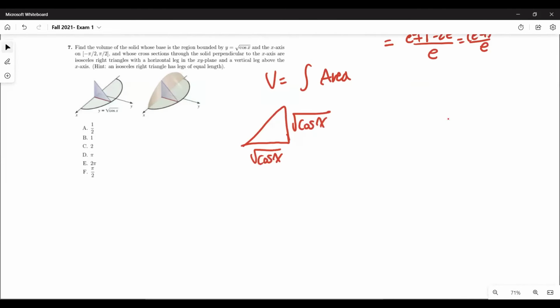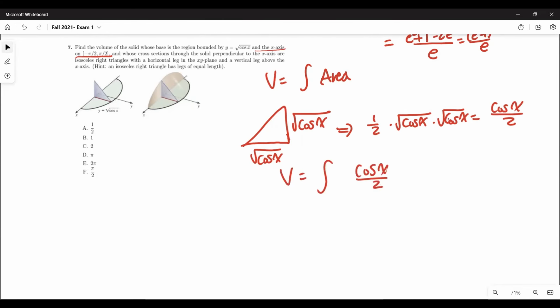And if you want to find the area of this triangle, it will be 1 over 2 times square root of cosine x times square root of cosine x, which is just cosine x over 2. And then we are given that it's bounded by the x-axis from negative pi over 2 to pi over 2. So the volume is the integral of cosine x over 2, which is the area, dx, from negative pi over 2 to pi over 2.